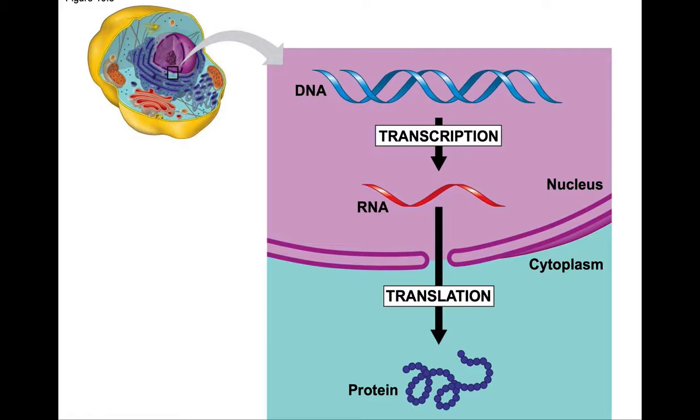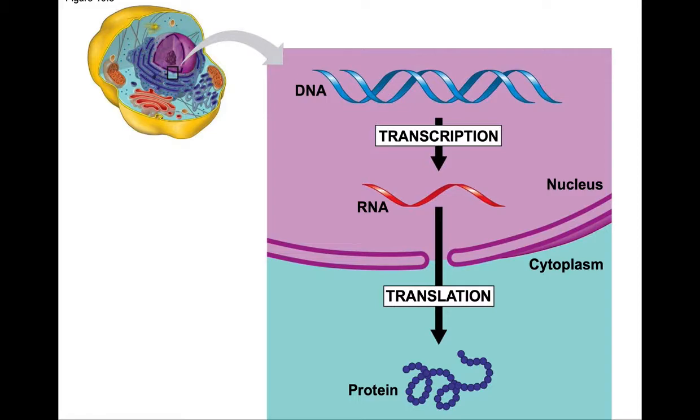Now the bottom half says translation. Where is translation going to occur? It's going to occur in the cytoplasm. What's happening here? Well, the RNA has left the nucleus and is going to go to the ribosome.